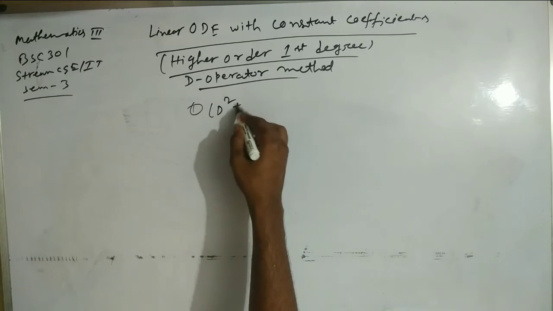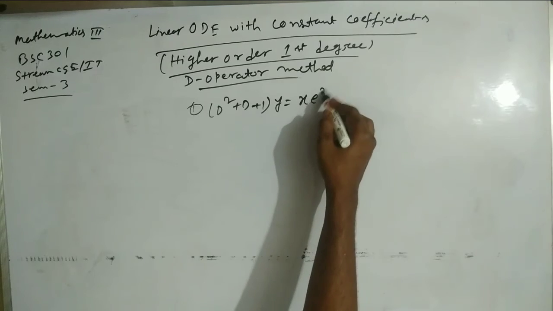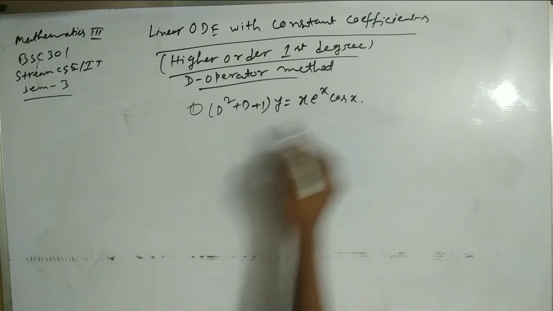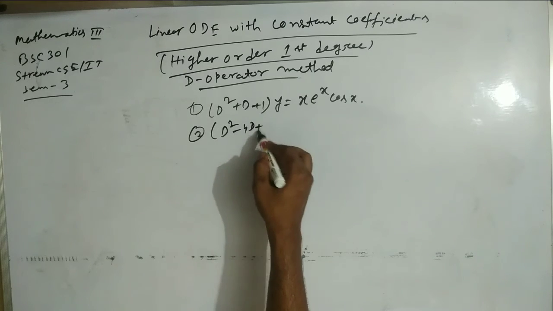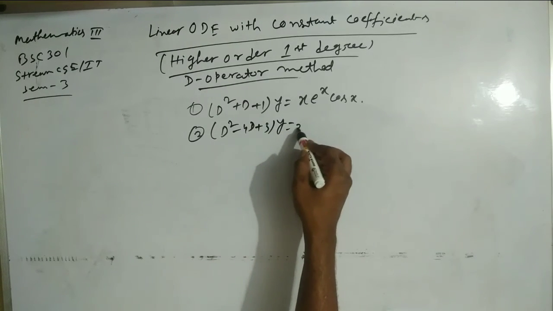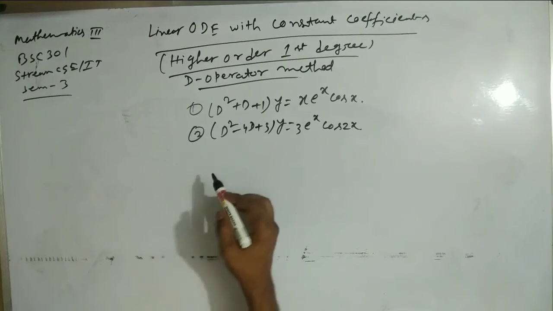Number 1, d square plus d plus 1 operating on y equal to x e to the power x cos x. Number 2, d square minus 4d plus 3 operating on y equal to 3 to the power x cos 2x.